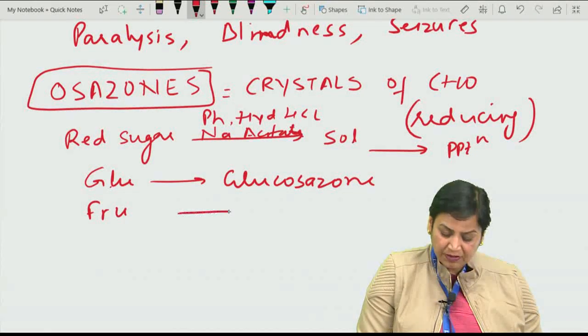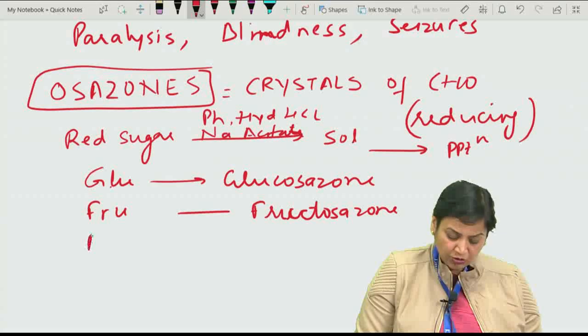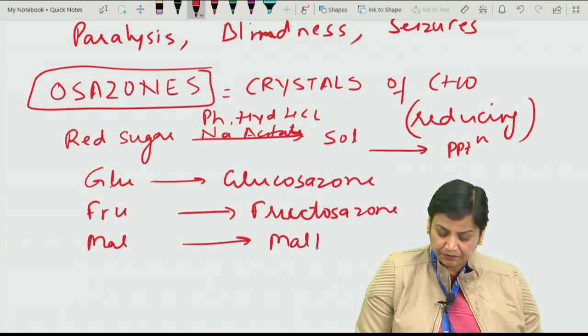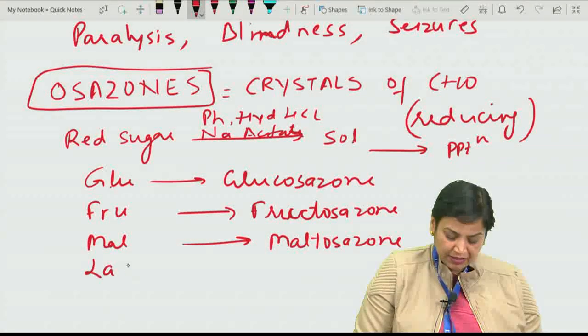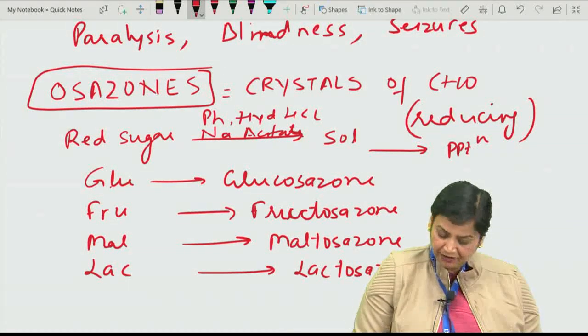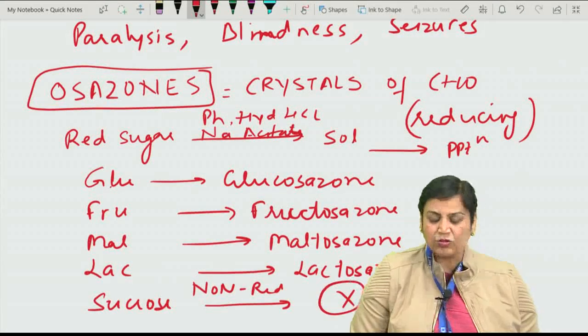Fructose is going to form fructosazone. Maltose is going to form maltosazone. Similarly, lactose is going to form lactosazone. And sucrose, being a non-reducing sugar, won't form any osazone.